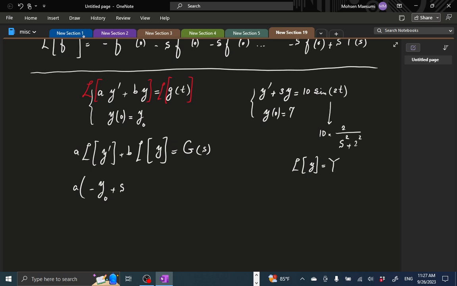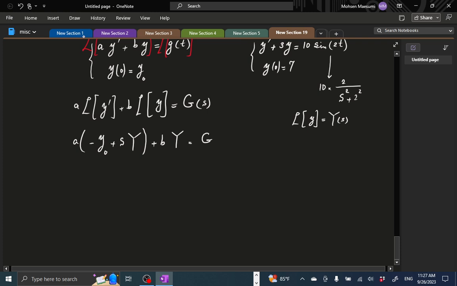So it's going to be s Y. So that Y is a function of s, but just to prevent overcrowding, I don't write parentheses s here. b times Laplace transform of y is, well, just Y of s, whatever that happens to be. And right hand side is my function G.